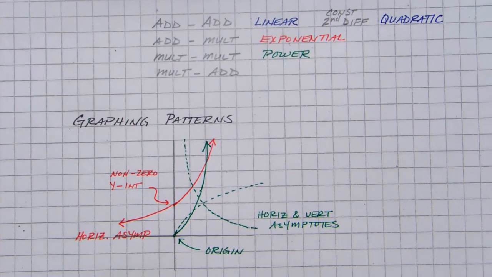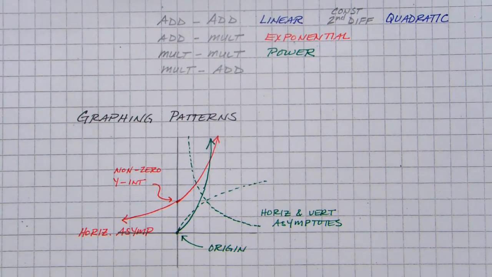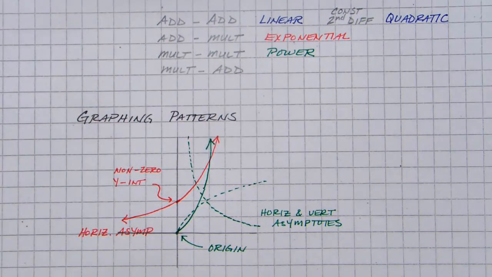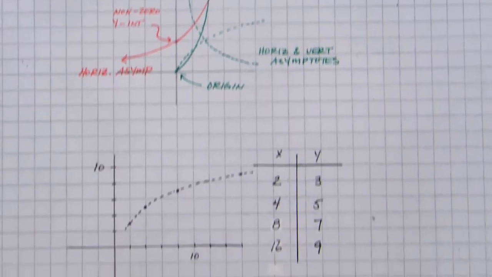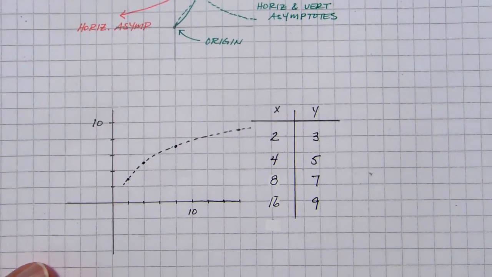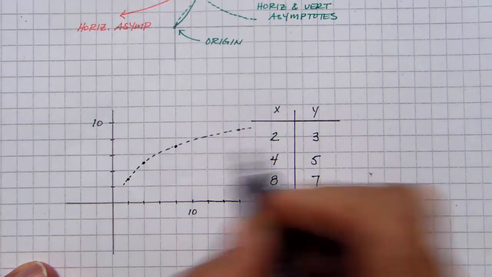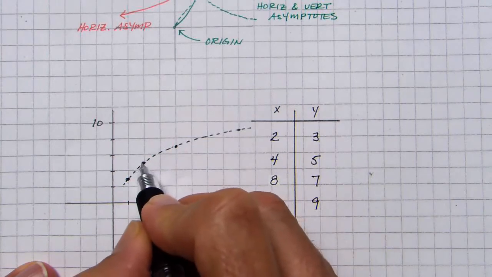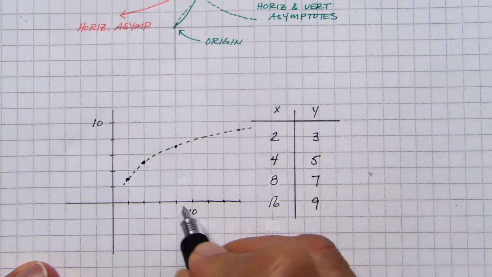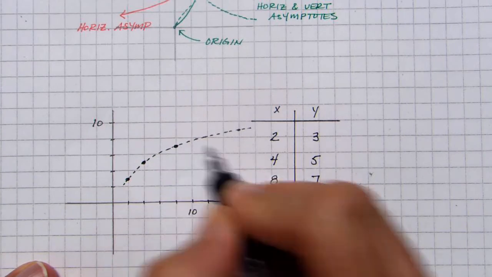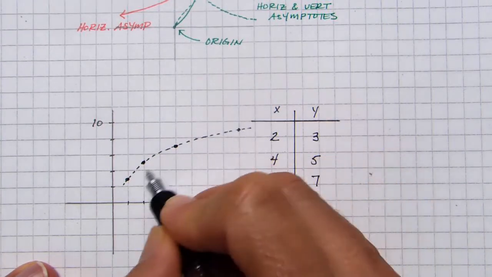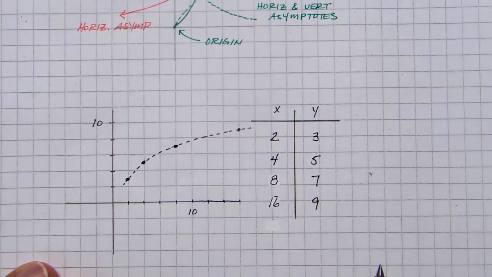So let's now move down to one that has a similar look. And don't worry, I haven't forgotten about this. We'll get to it in a second. But here's a pattern right here, and I've tried to graph the points of 2, 3, which is right about here, 4, 5, 8, 7, and then 16, 9 right there, and I drew the curve that goes through those points.